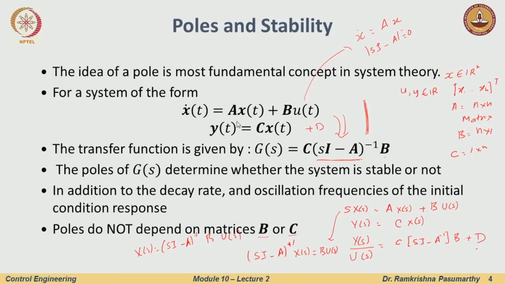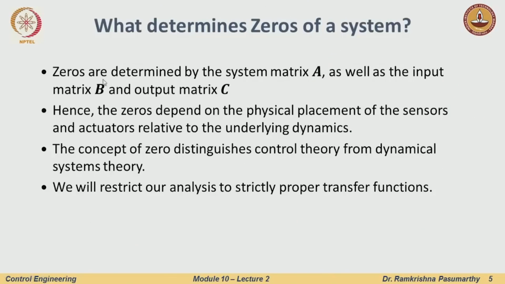Similarly, the y's are the quantities which we will measure physically, and therefore y comes through some sensors, and the C will determine where my sensors are placed. So these zeros are determined by the system matrix A as well as the input matrix B and output matrix C. Practically, what do they mean? Practically, the zeros depend on the physical placements of the sensors and actuators relative to the underlying dynamics.